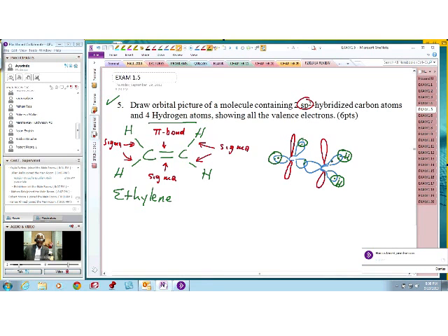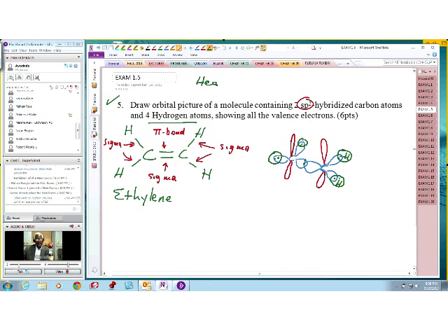So now what do we have now? We have made the face-to-face or head-to-head overlap, giving the sigma bonds, the head-to-head overlap, which gives you the sigma bonds.